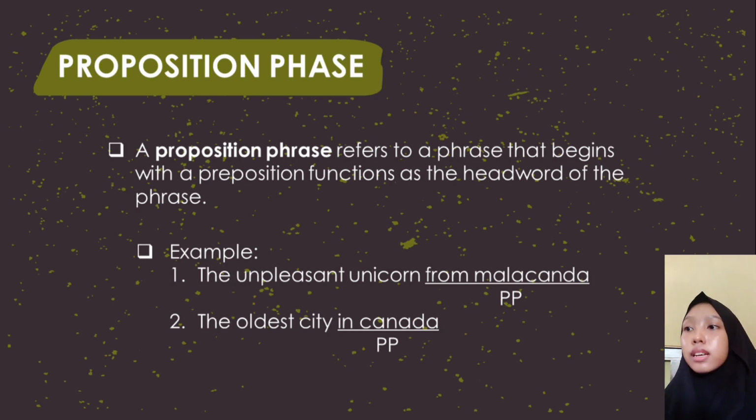Examples: number 1, a pleasant unicorn from Malakanda. From Malakanda is PP. Number 2, the oldest city in Canada. In Canada is PP.